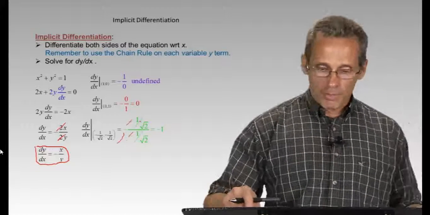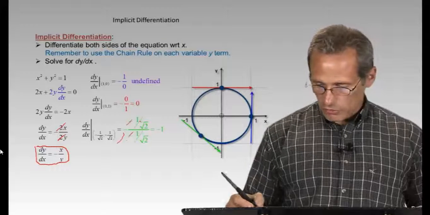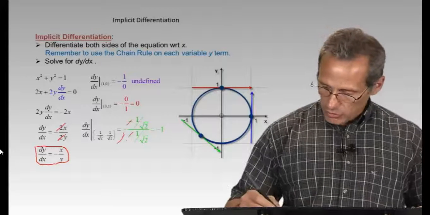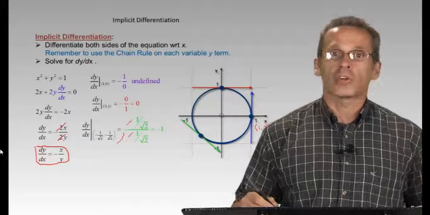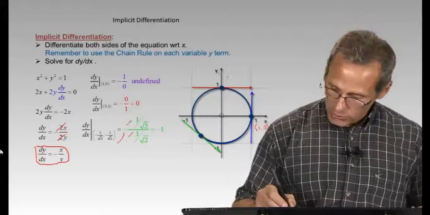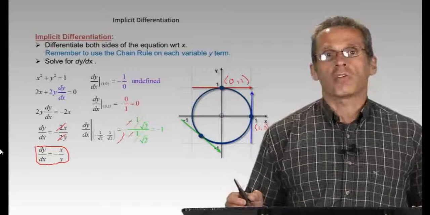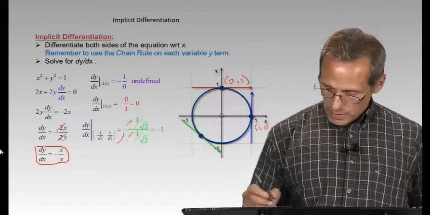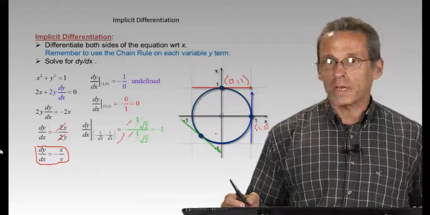Let's put a visual onto this particular problem. Here is our circle. Here is our point (1, 0). Slope of the vertical line is undefined. Here is the point (0, 1). Slope of the horizontal line is 0. And here is the third point. Slope of that line, negative 1.